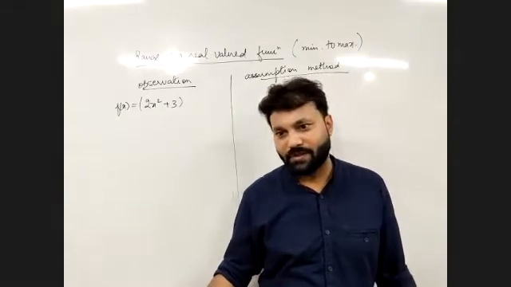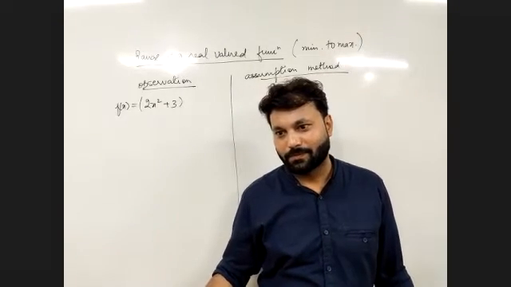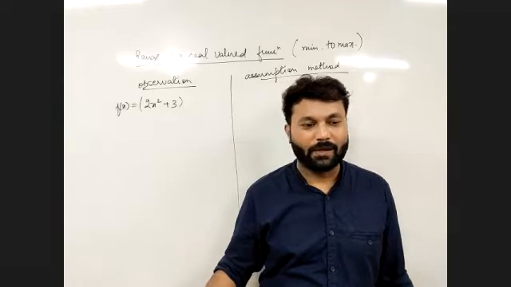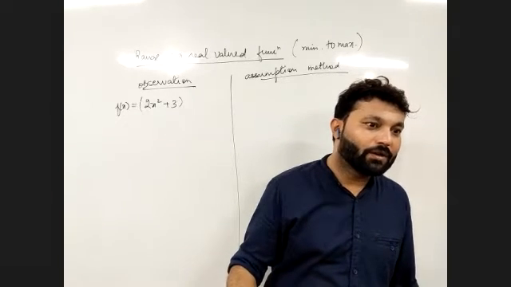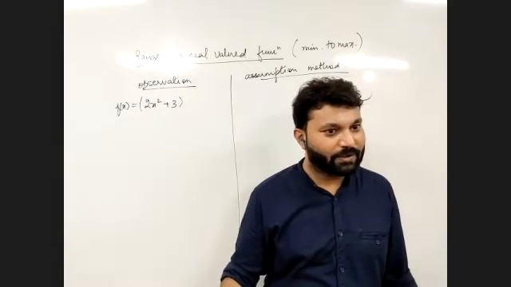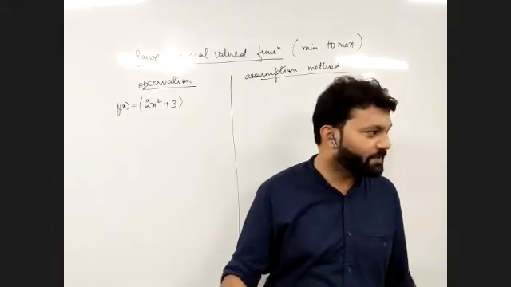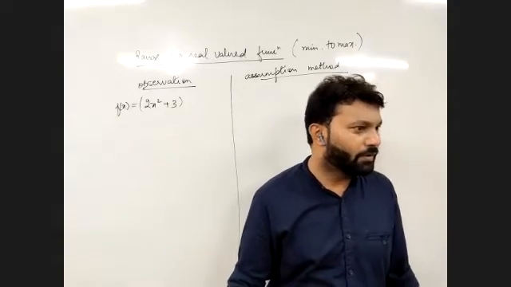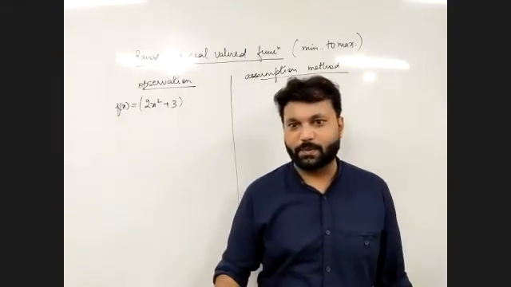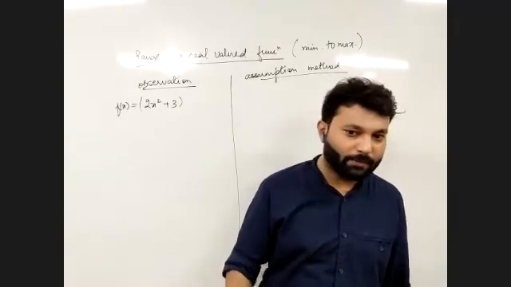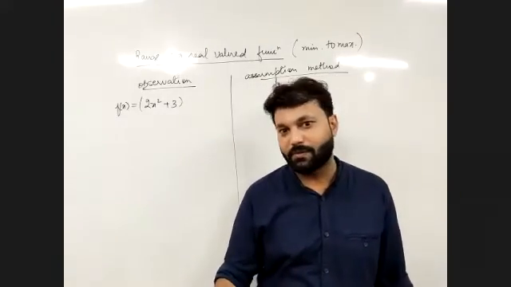It could have been positive also. Look at the value of the whole function, not the value of x. 2x plus 3: is it compulsory that it will be negative? No, it will depend upon x. If x is positive, if x is negative, it will completely depend upon the value of x. It can be positive or negative.